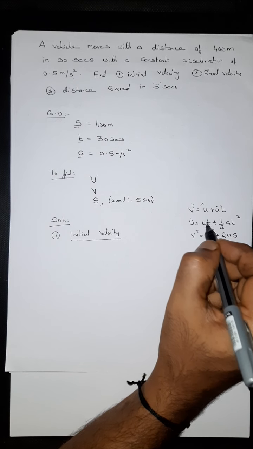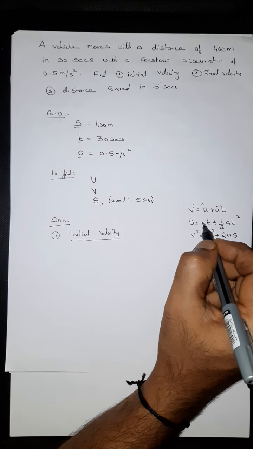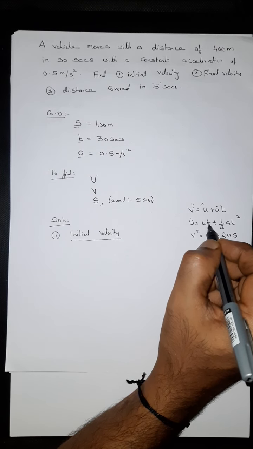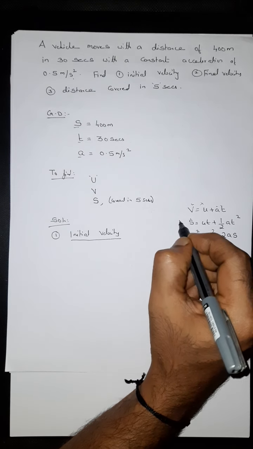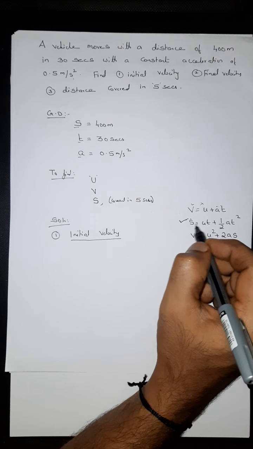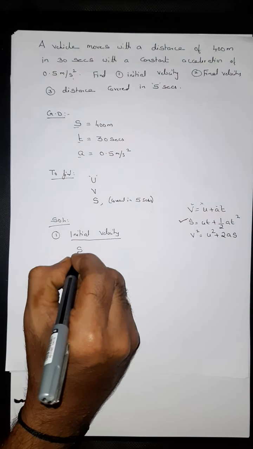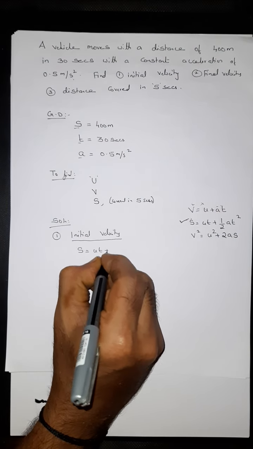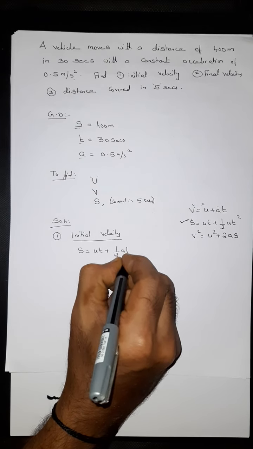Here displacement is given, initial velocity is what we have to find, T is given, A is given. So this would be the correct or apt formula to be used. S is equal to UT plus half AT square.